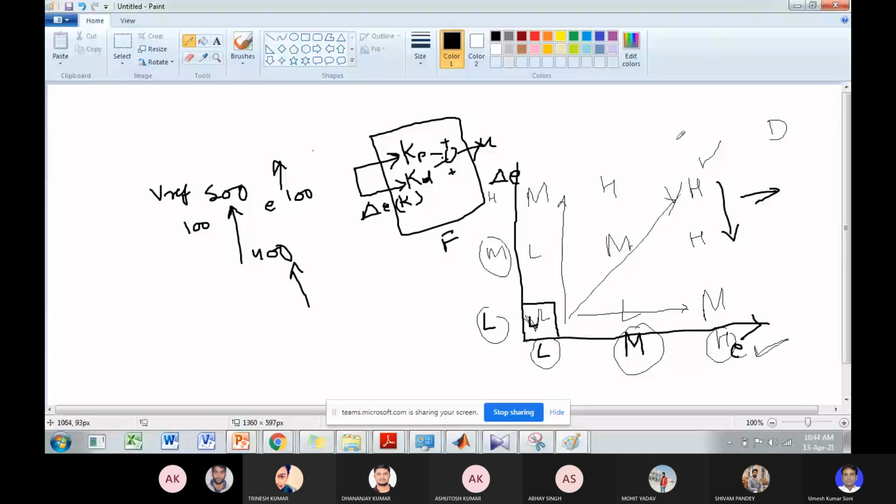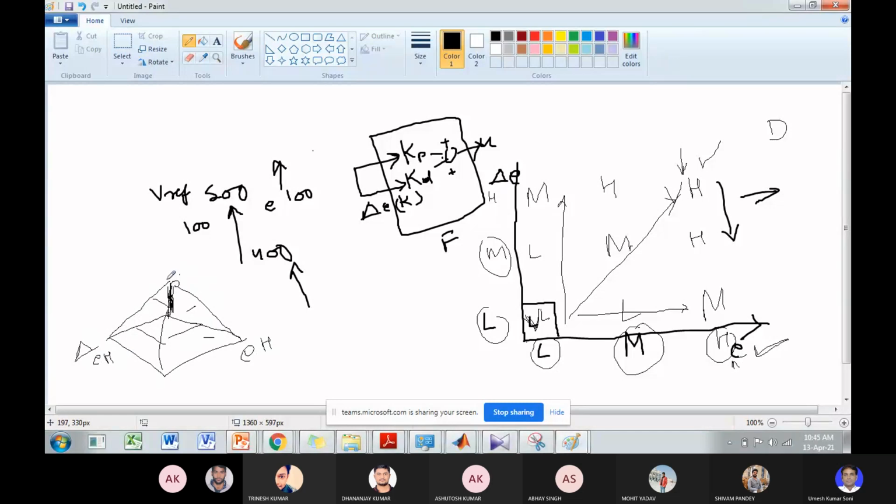This is representing a type of mountain, and the maximum peak is available where the error is very high and the change of error is also very high. So you can see a 3D type of representation. The peak value is at the portion where error is high and change of error is also high. So at this point, this is the peak point.